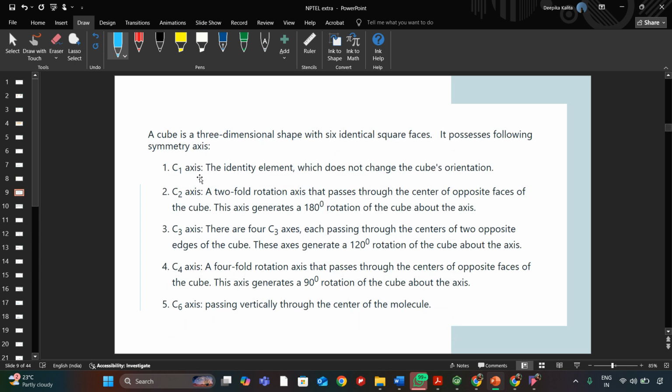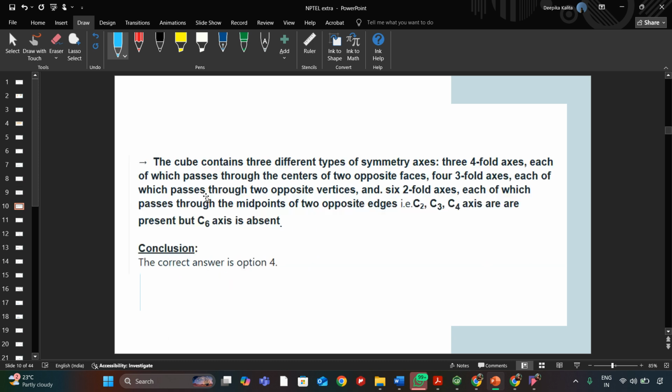And along with that, we have three four-fold axes, which are C4, and four three-fold axes.